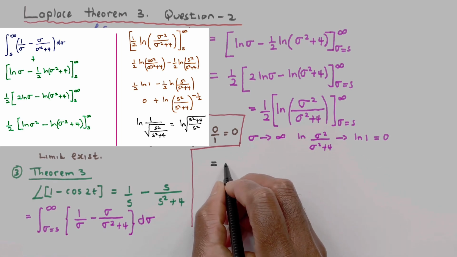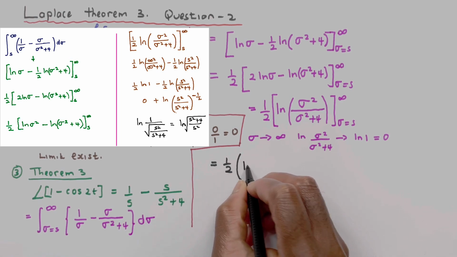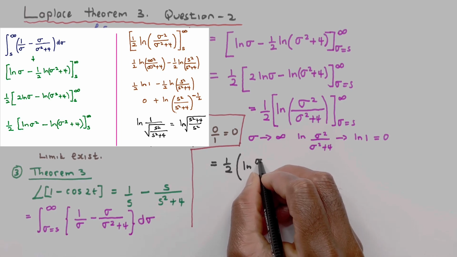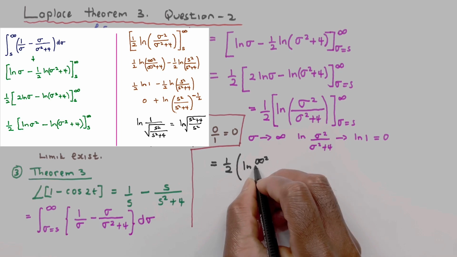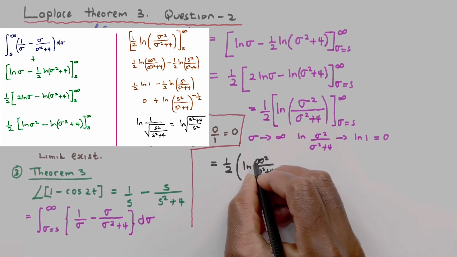And therefore we can write a half the ln infinity squared over infinity squared plus 4.